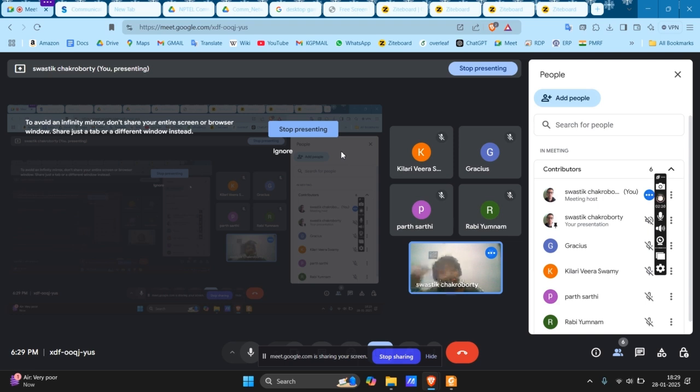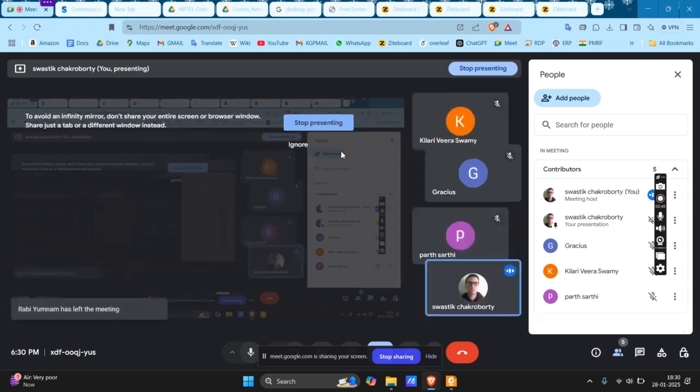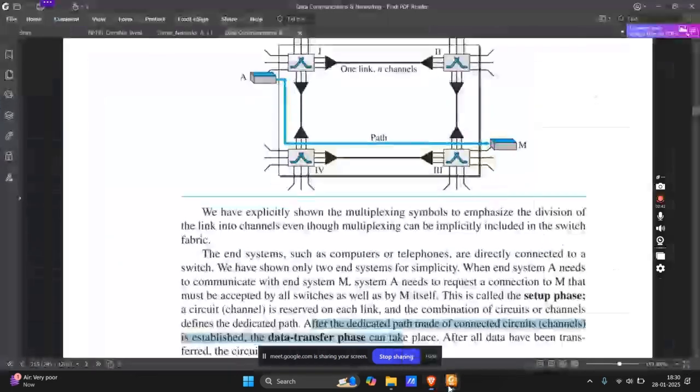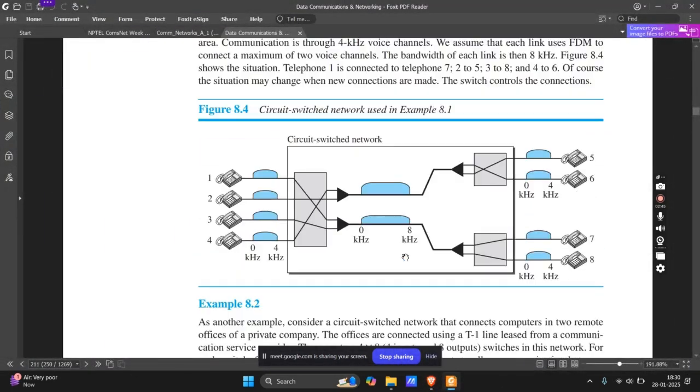Only then can he get his turn to transmit. So this is not very efficient if a lot of users are trying to transmit together, because you have to reserve resources for everyone.